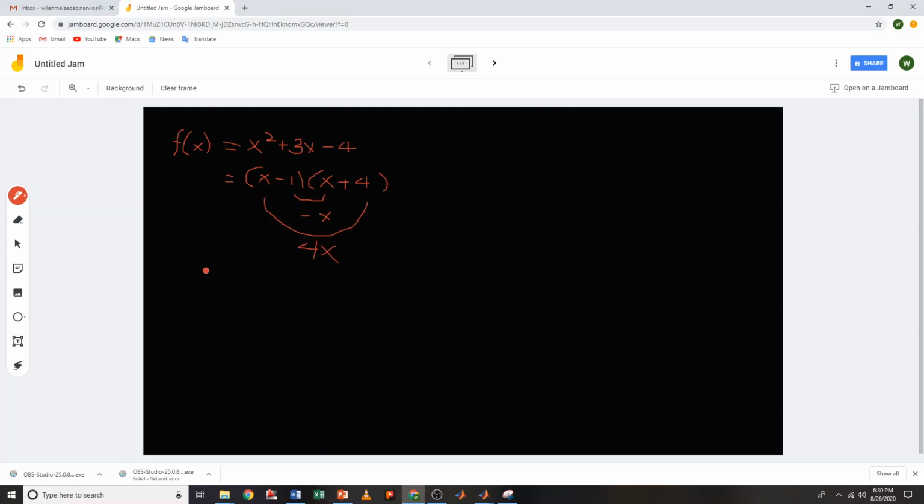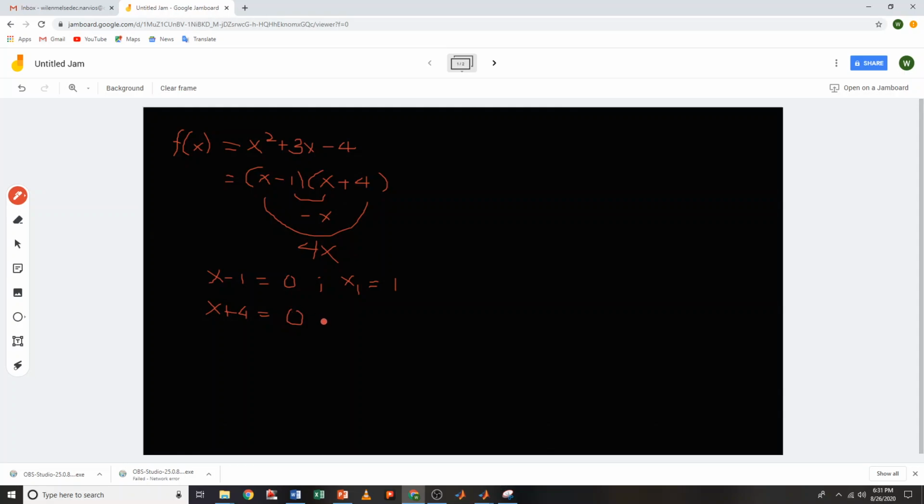So we have to set this equal to 0. So x minus 1 equal to 0. This is now our root 1, x1 equal to 1. And then also we have x plus 4 equal to 0.